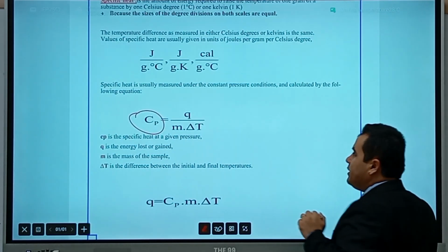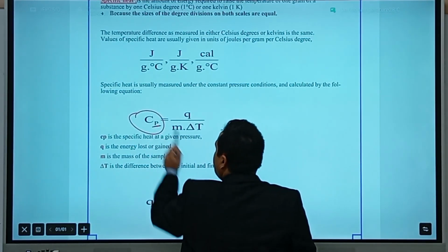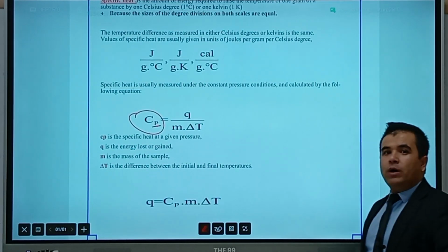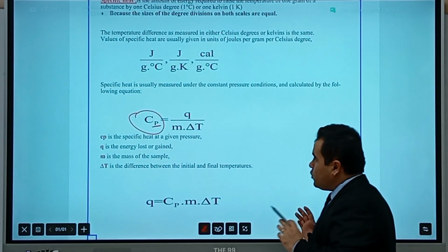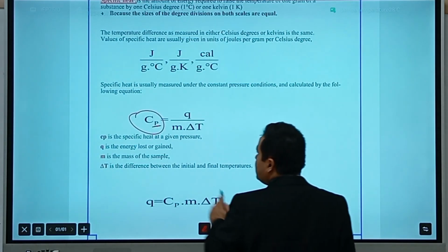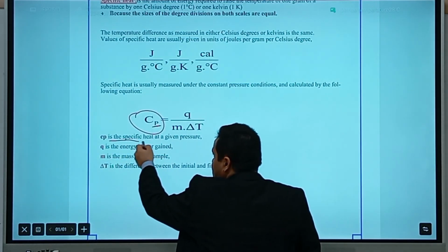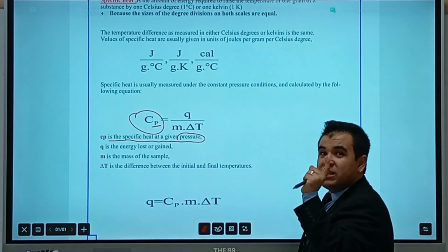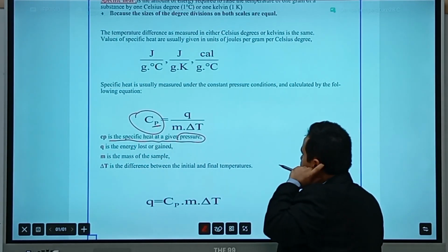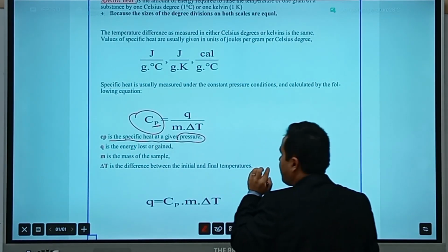That's why the subscript P refers to the constant pressure. Specific heat, Cp, is the specific heat at a given pressure, which must be constant.